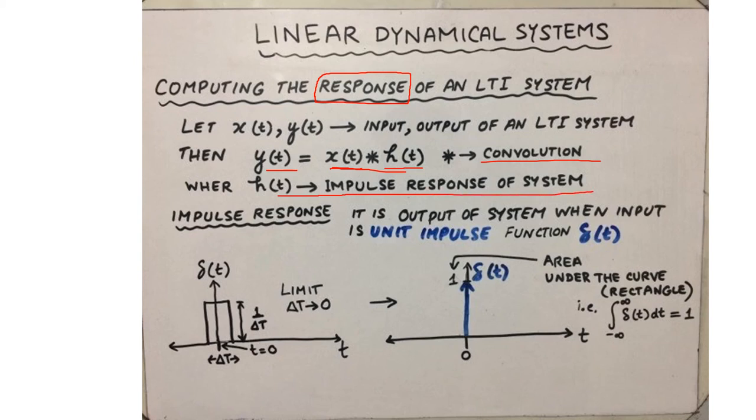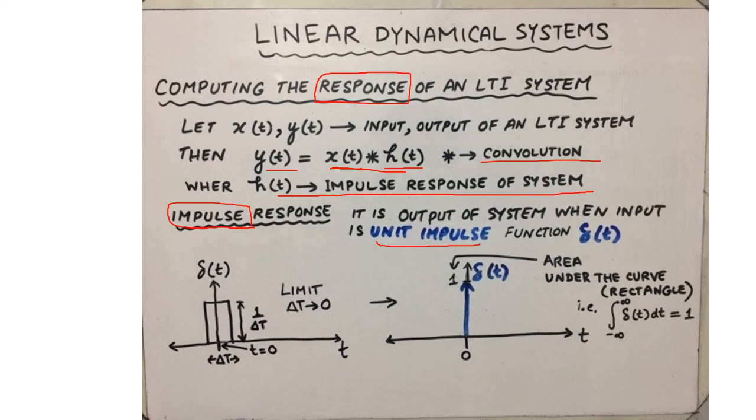All right, so we first need to understand what do we mean by the impulse response. So first we need to define the impulse. What do we mean by impulse? In particular, we are going to give you the definition of a unit impulse.